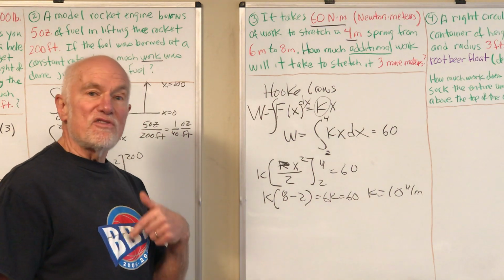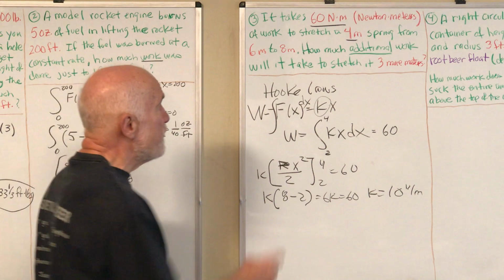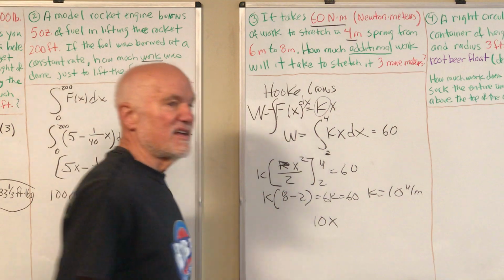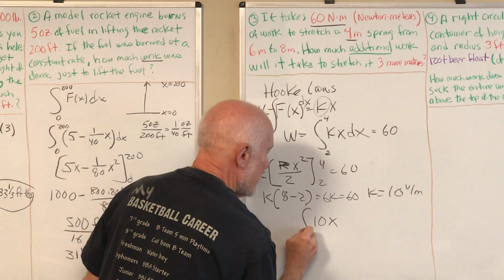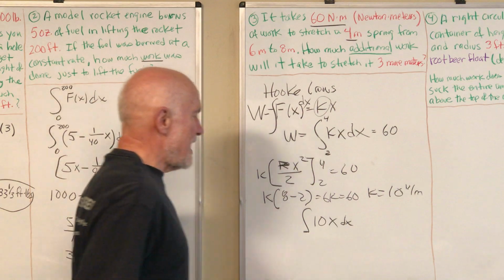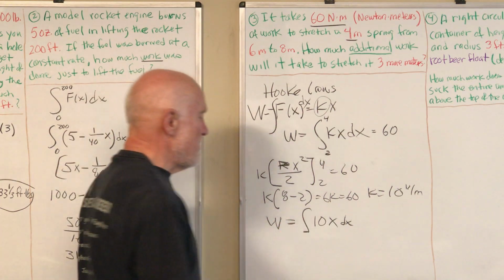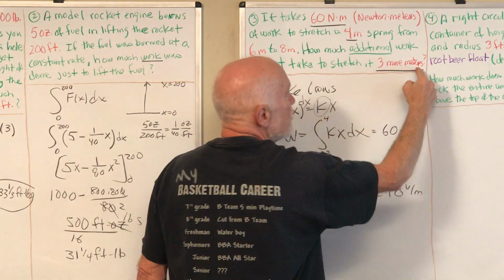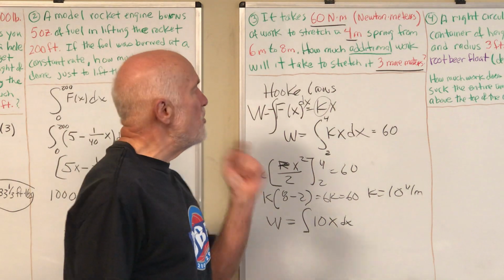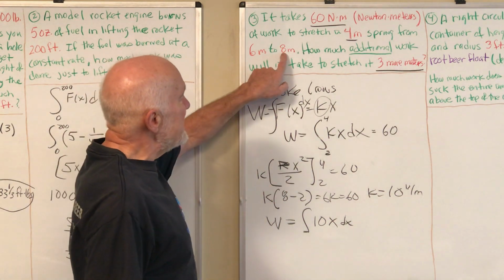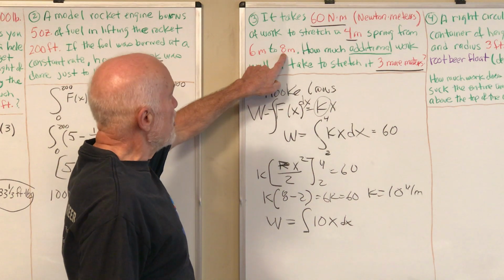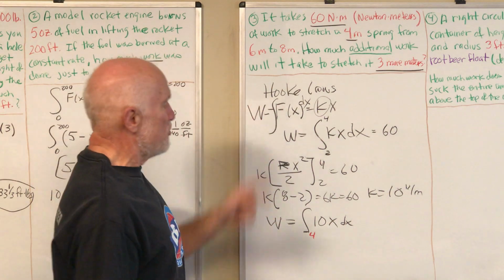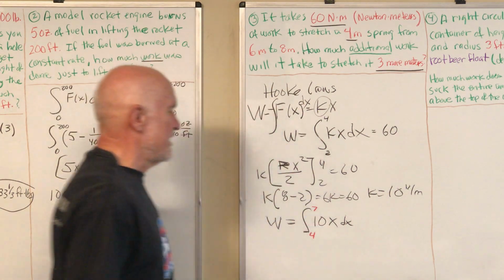So now we can find the work to do anything, because we know the force equation now is not kx, it's 10x. So if I take that force times the distance, it's going to give me the amount of work. Well, I want it to do 3 more meters. How much work is it going to take to do 3 more meters? Well, you're already at 8. So you're already at 4 from its normal, and you want to go 3 more, so you want to go to 7.